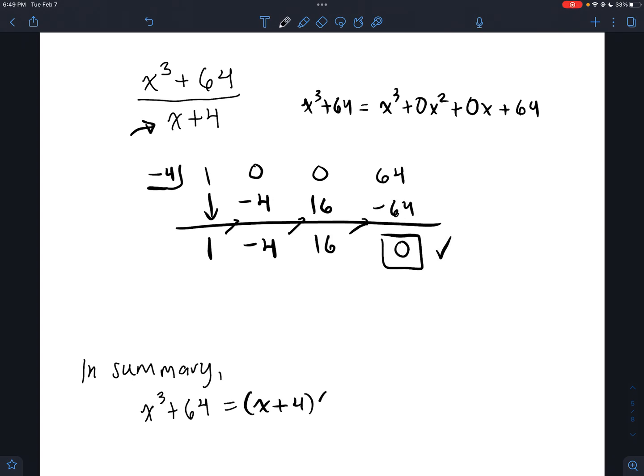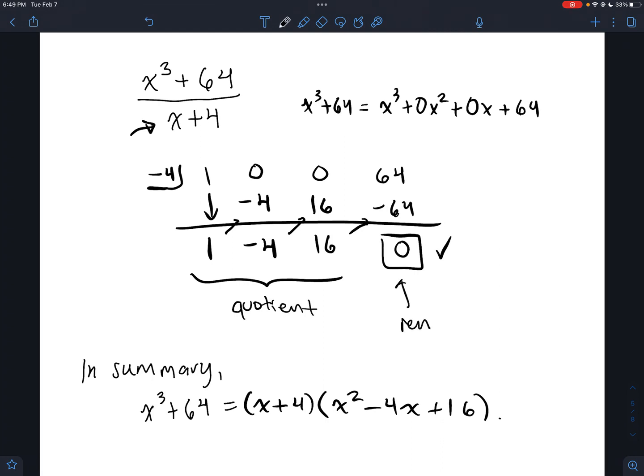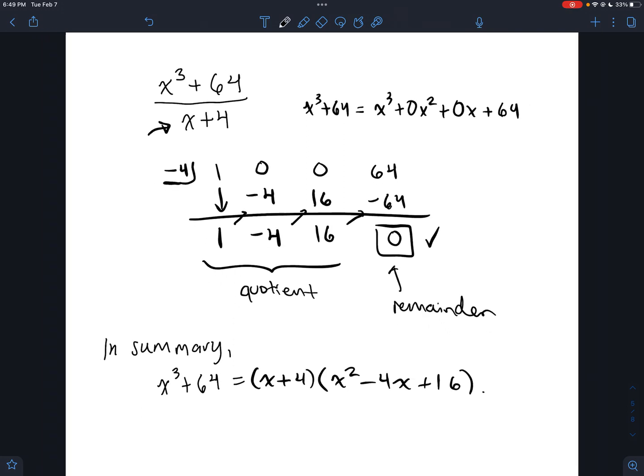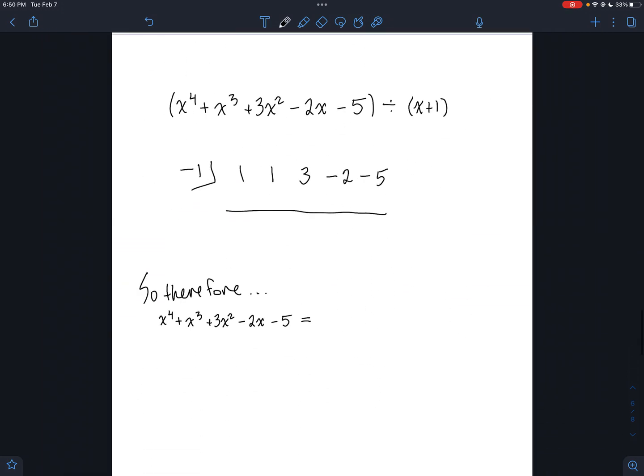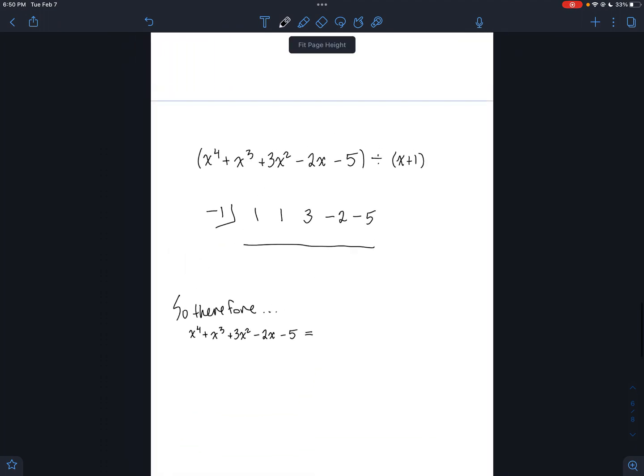It's good. So this is going to equal what we divided by times these numbers as a polynomial. So it'd be x squared minus 4x plus 16. Okay? So this is the quotient down here. And this is the remainder, which we really, really hope is 0, because then we can actually factor it.